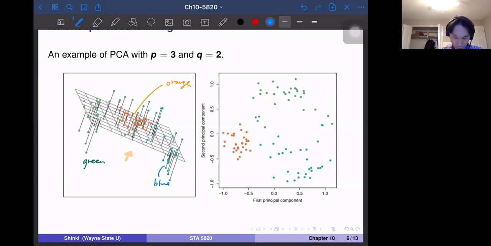And so it's not really clear. So anyway, if we see this as a 3D graph, it's not really clear what's happening. But if we take the first component and the second component, Z1 and Z2, and map all observations onto this 2-dimensional space, then you can clearly see the groups here and here.